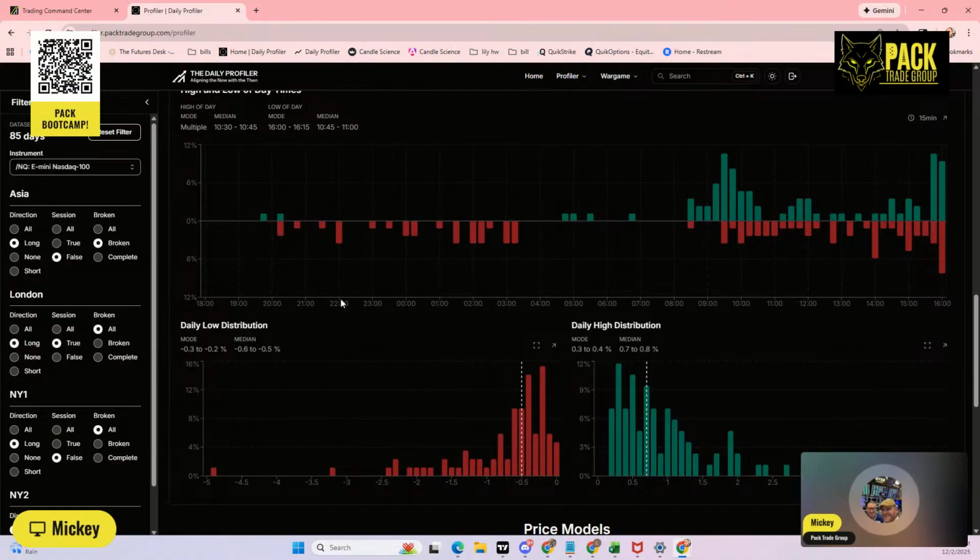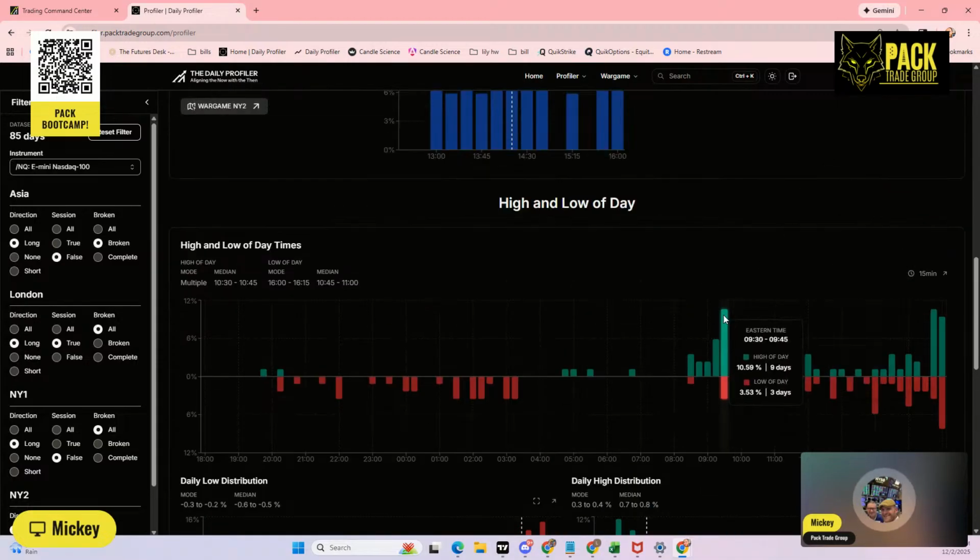We can see here is a high day, low day for a long false. It shows that we can put a high of the day between 9:30 and 10, and then that would lead to us putting a low of the day in the afternoon, which is currently at 3 o'clock, and we can expect it to keep going higher.